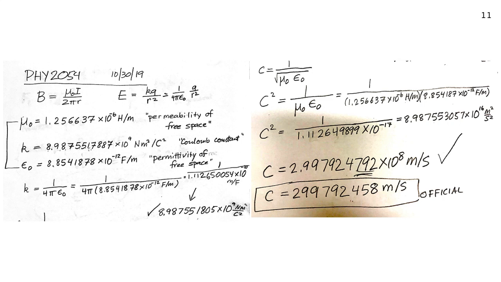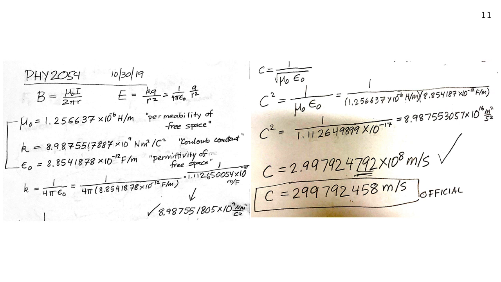Now, K, the Coulomb constant, is related to epsilon naught. It equals 1 over 4 pi times epsilon naught. All right. So let's just do that.